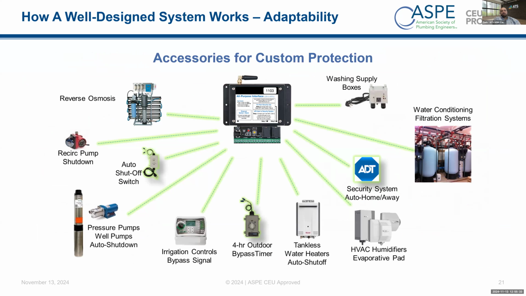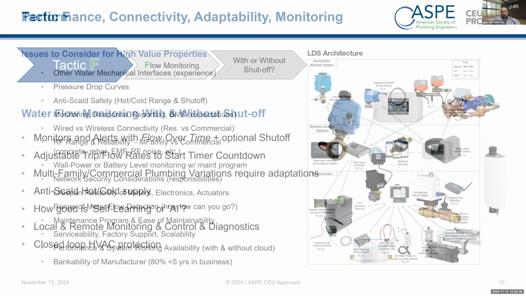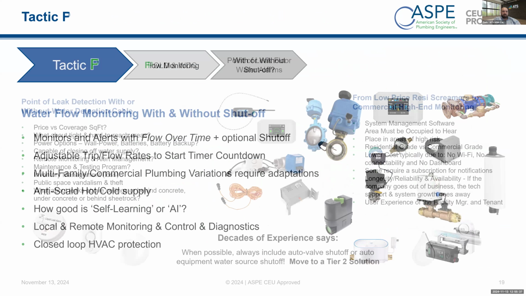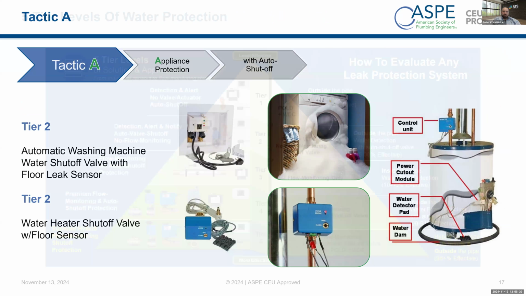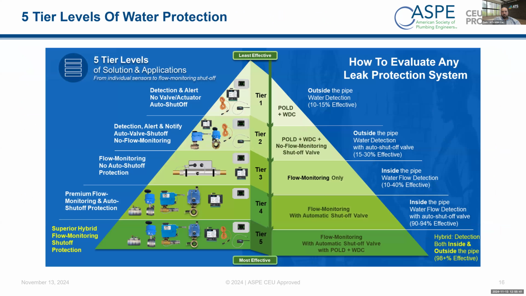What is a general cost analysis of a tier 1 versus tier 5, or say a tier 2 versus tier 4? Is it magnitudes of cost over, or is it relatively similar, or is there a way of saying that?